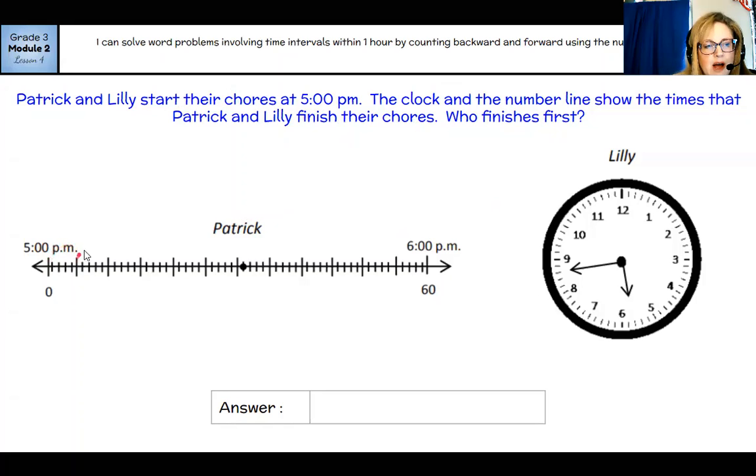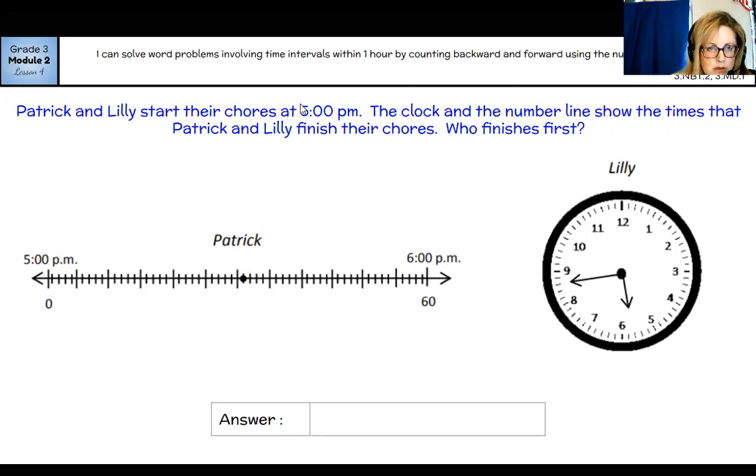This is 5:05, 5:10, 15, 20, 25, 30. So this is 5:30. And now I'm going to count by 1. So this is 5:31. So Patrick finished his at 5:31.